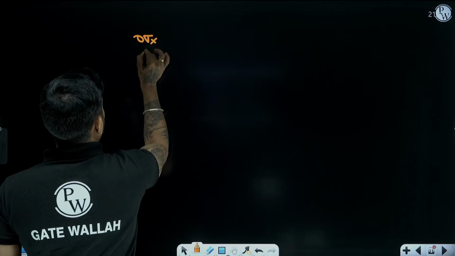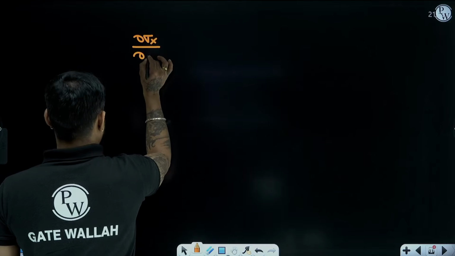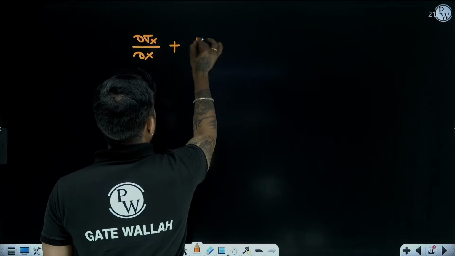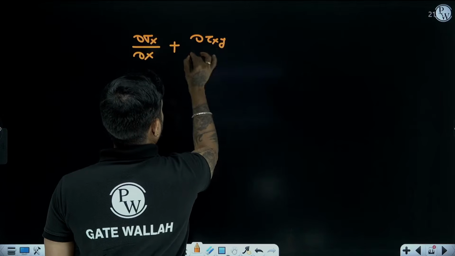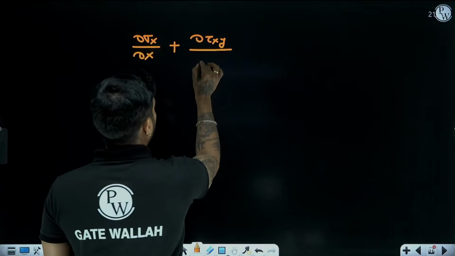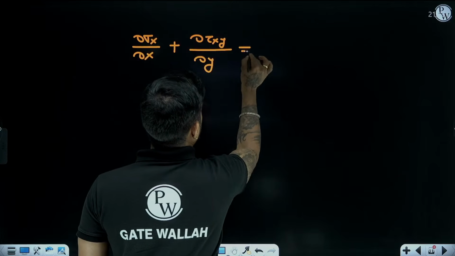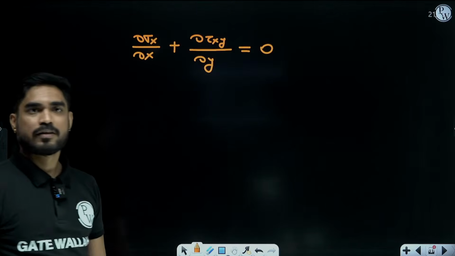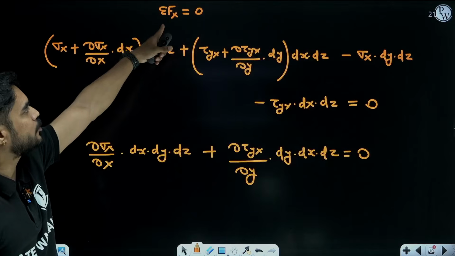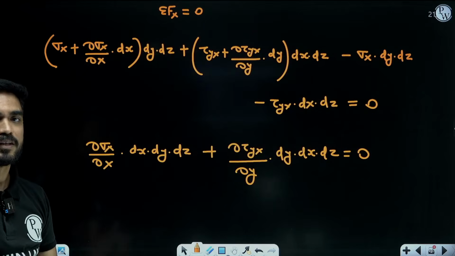Dou sigma x by dou x plus dou tau xy, you can write tau yx as tau xy, both are equal, by dou y equal to 0. This is your first equilibrium equation by applying summation of fx equals to 0.